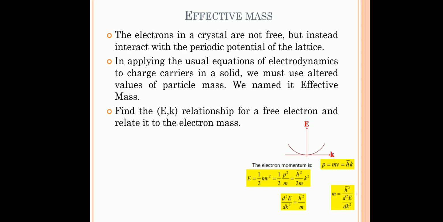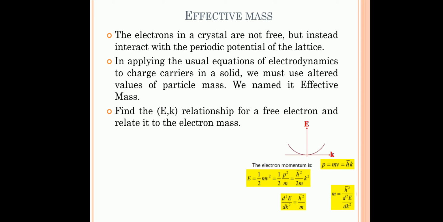The electron mass is represented as m star. To find this electron mass, we find the second derivative of energy with respect to k. We differentiate our energy equation, E = h squared k squared by 2m, twice with respect to k, that is d squared E by dk squared.